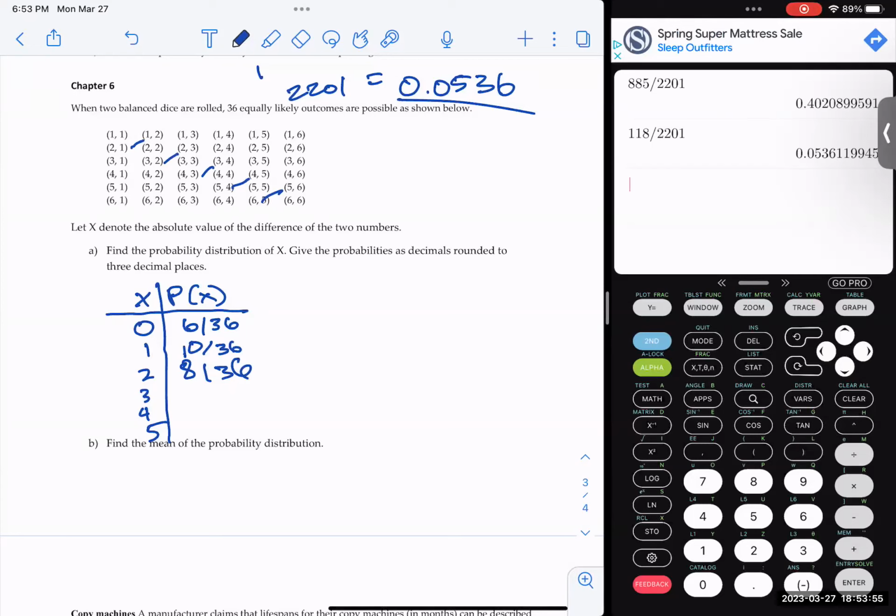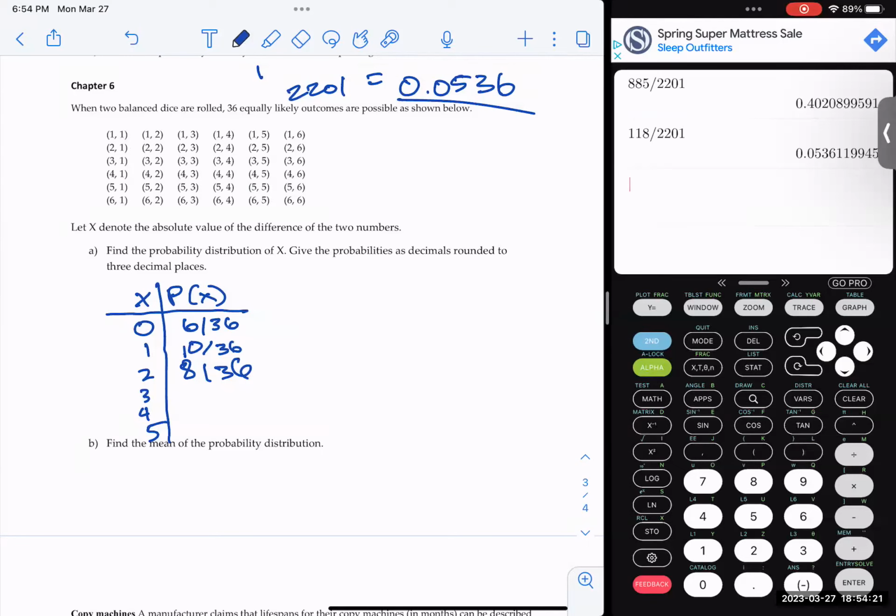Okay. Now, what about the 3s? Does anyone come up with a number? 6 over 36. Let's see. Any other numbers? Everyone thinks 6? All right, let's see what I get here.